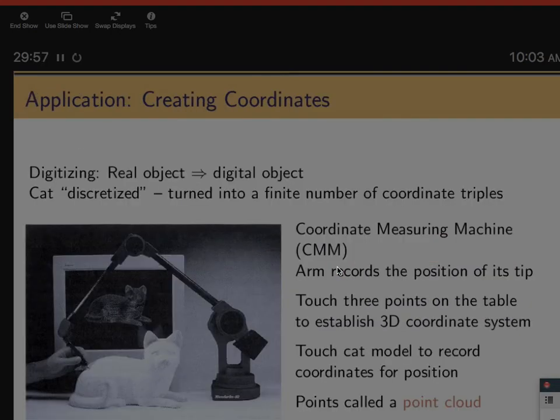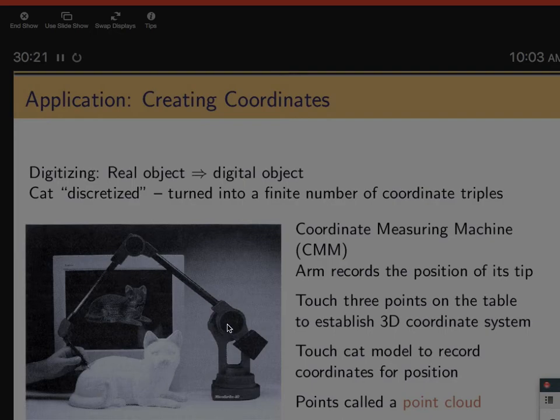So when we're playing with real 3D objects, and you want to get a model of your 3D object, say, into a computer graphics program and then be able to move it around and do whatever you want, you can actually do that by just measuring the object itself. So this is using a coordinate measuring machine, which actually is doing a very complicated set of coordinate transformations. The very bottom of this base is the basis of this thing's coordinate system.